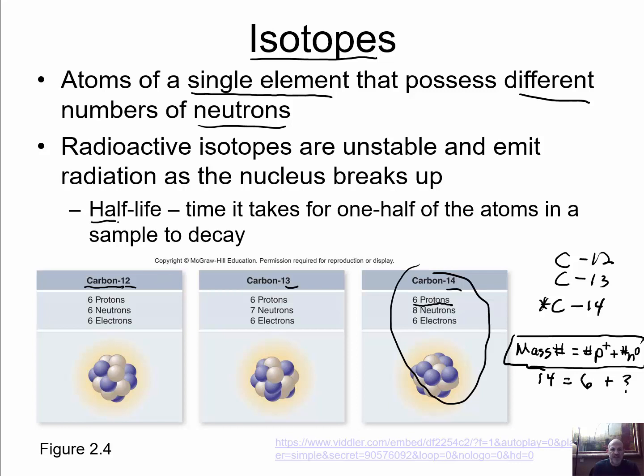These isotopes have a half-life, which is the time it takes for half of the radioisotope in the sample to decay. Let's say you had 100 grams of carbon-14 in a big sample of carbon.